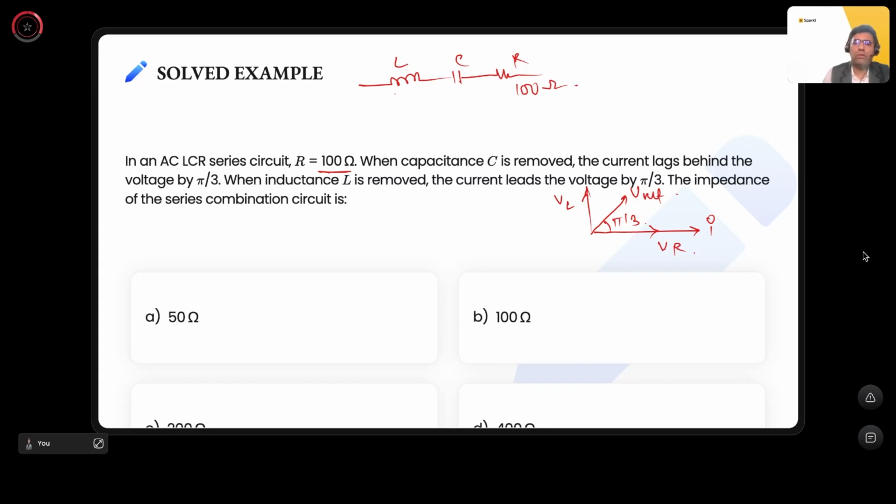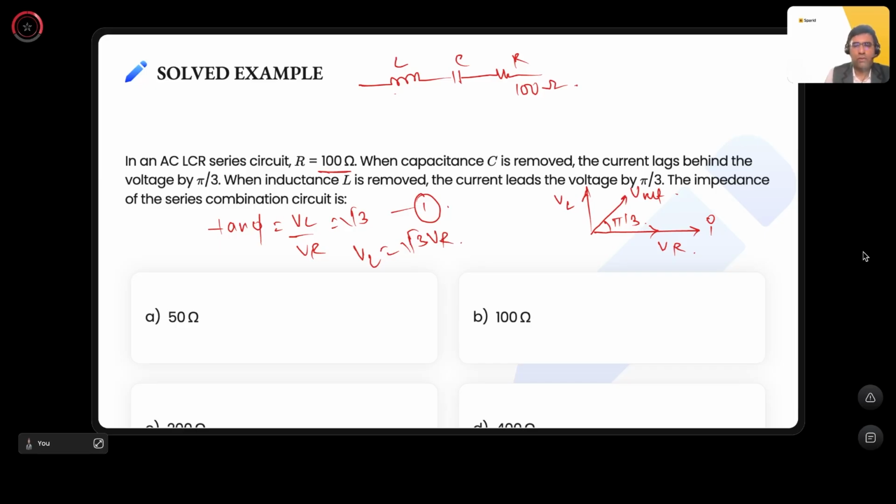Now let's write the equations. tan phi will be VL upon VR, and it will be tan pi by 3, which is root 3. This is my first equation. So VL will be root 3 times VR.